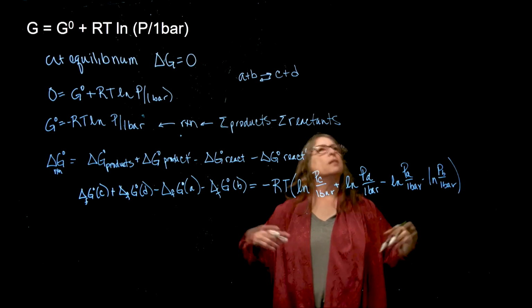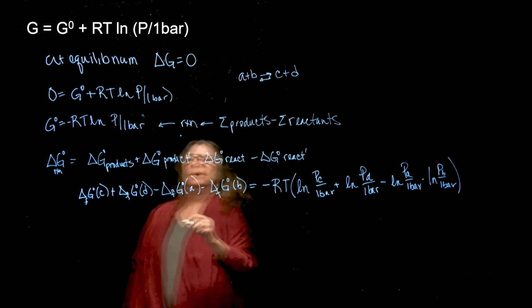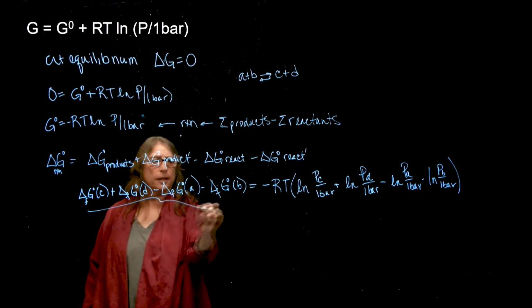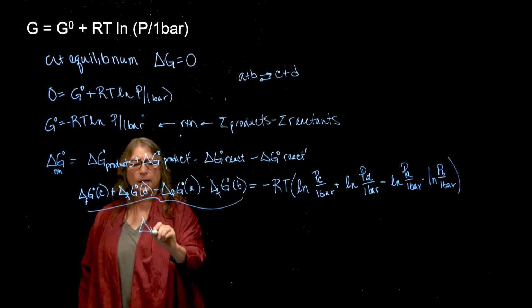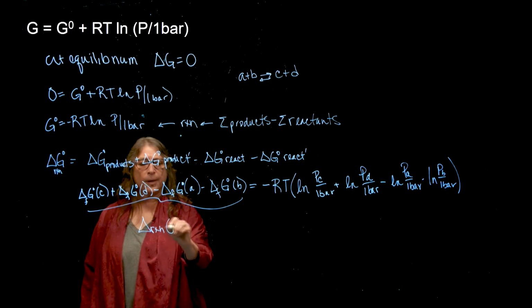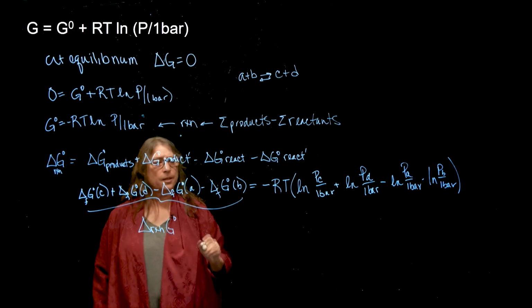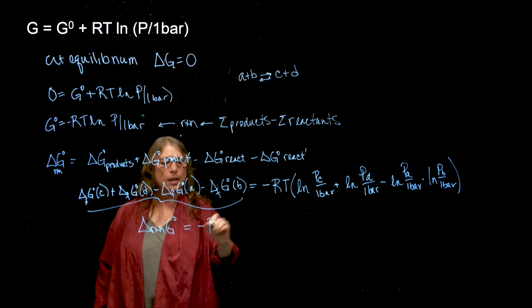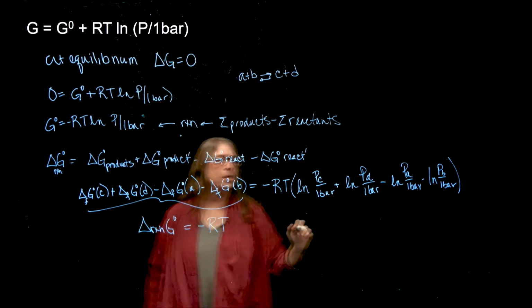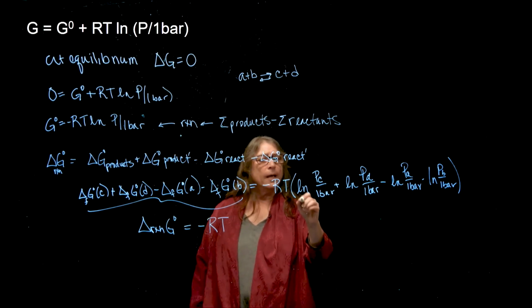And now I can simplify all of this. This actually is the Gibbs energy change for the reaction under standard conditions. And this is minus RT log, oh, wait a minute.